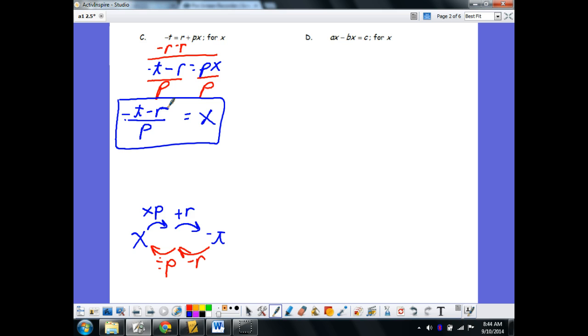Now D poses an interesting problem because we have two x's for which we want to solve. What if a and b were actual numbers? What if we had, say, 5x minus 2x instead of a minus b? When combining these two, all of you should know that that's equal to 3x.